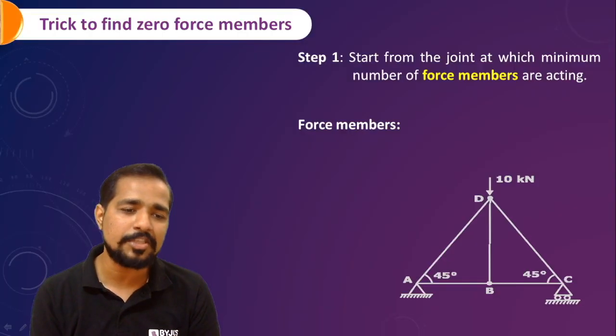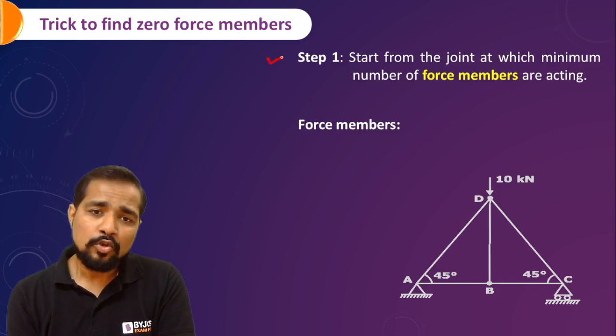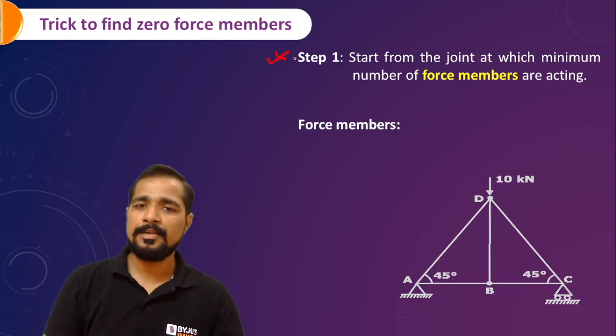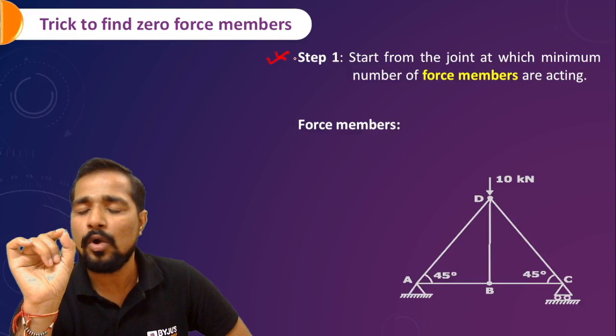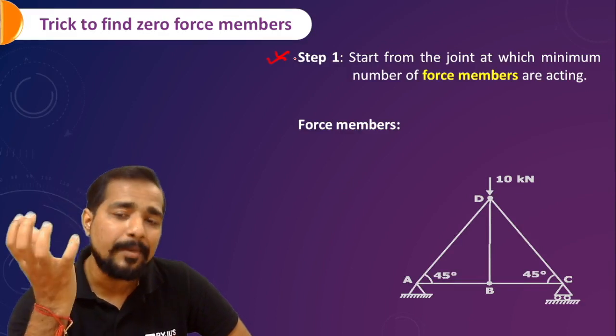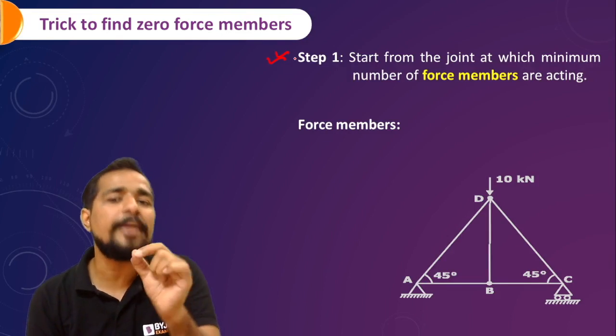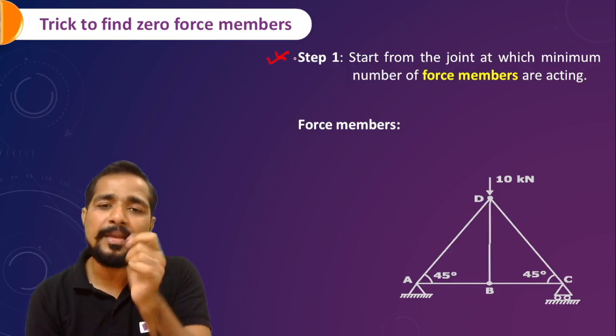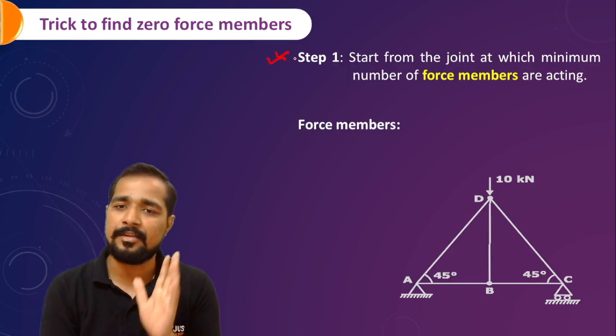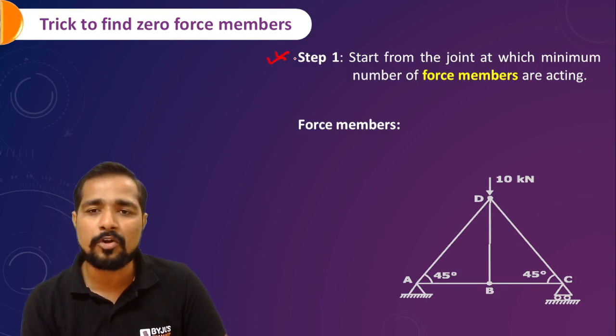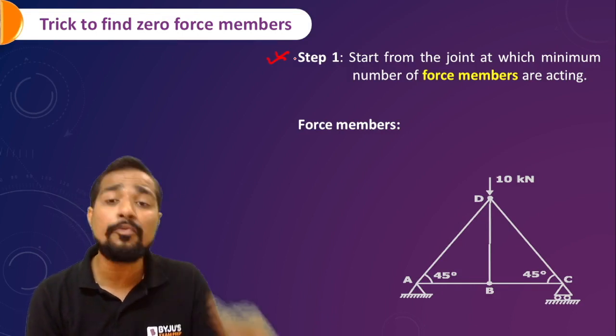Let's start the steps. First of all, the first step is to start from the joint. You will check the joint first of all, at which the minimum number of force members are acting. Sir, what is the meaning of force member?